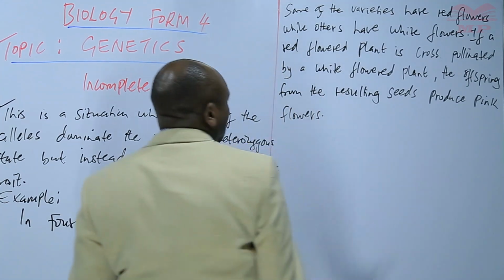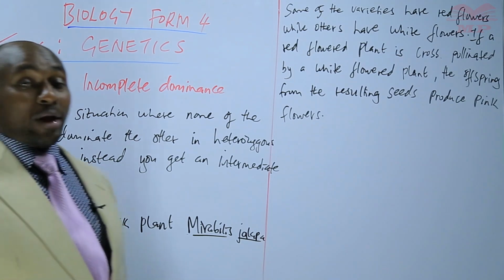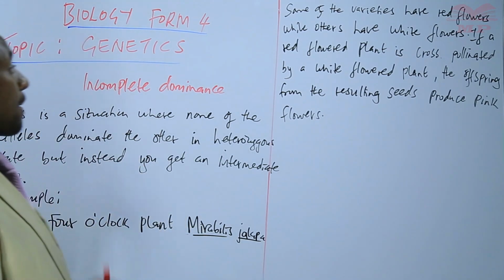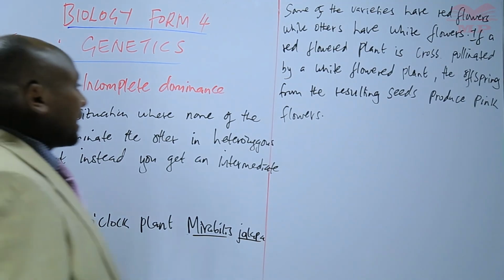So pink is a color that is intermediate between red and white. We are saying that neither red nor white is dominating, but instead both are giving an intermediate trait, or an intermediate color.